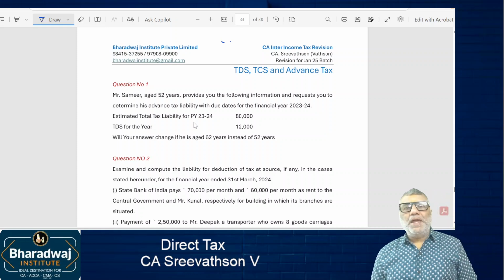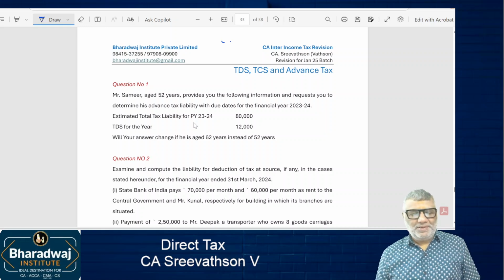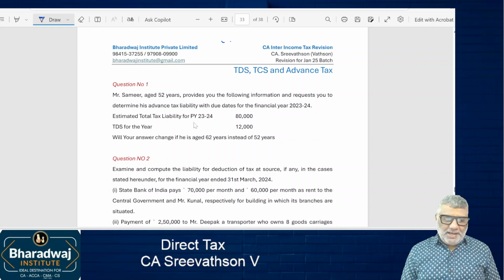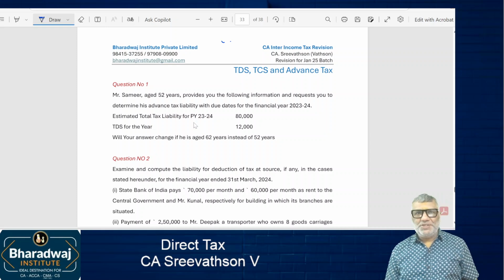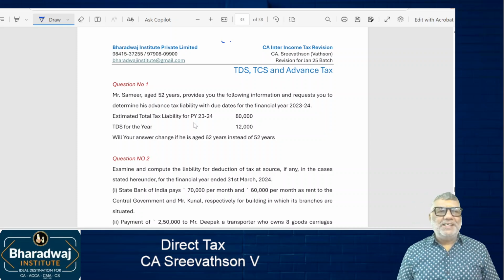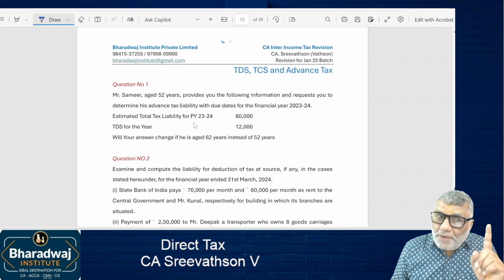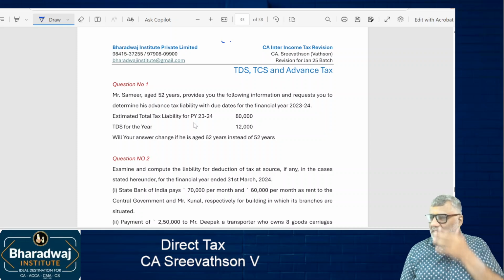Advance tax is payable in installments of 15%, 45%, 75%, 100%. Estimated total tax liability, TDS. Will your answer change if he is aged 62 years instead of 52 years? For a senior citizen, advance tax provisions do not apply, provided he does not have business income. If he has business income, the answer will be the same.